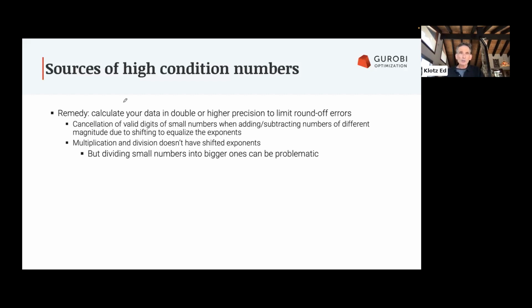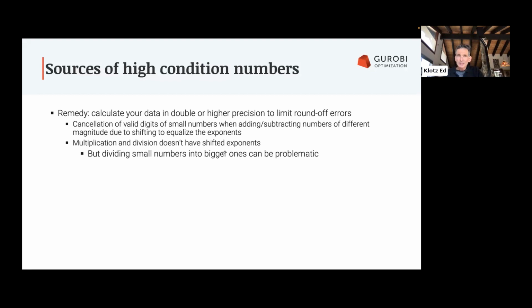All right, so what are the remedies here? Calculate your data in double or higher precision to limit the round-off errors and hence the perturbations. In that regard, take care to avoid adding and subtracting numbers of dramatically different magnitude, because under the hood, that is doing some sort of shifting to equalize the exponents that loses a bit more low-order precision than if you had very similar exponents.